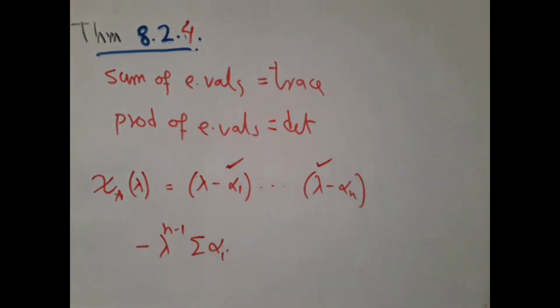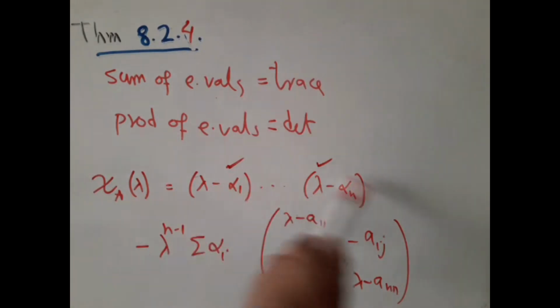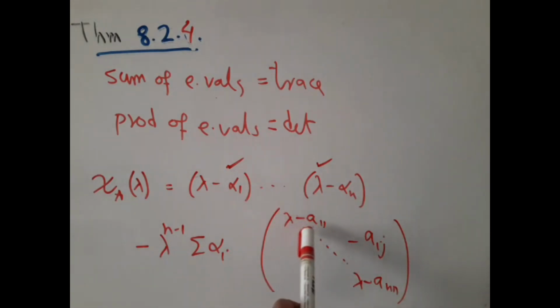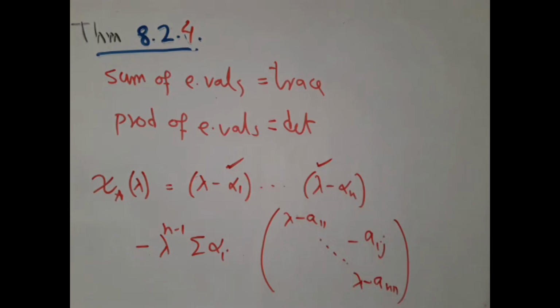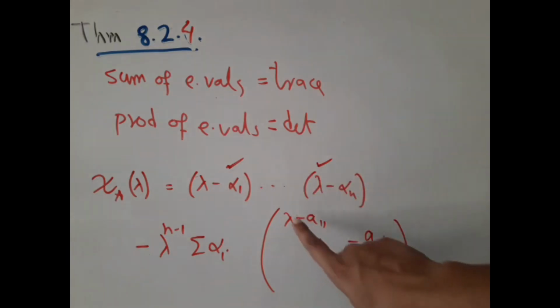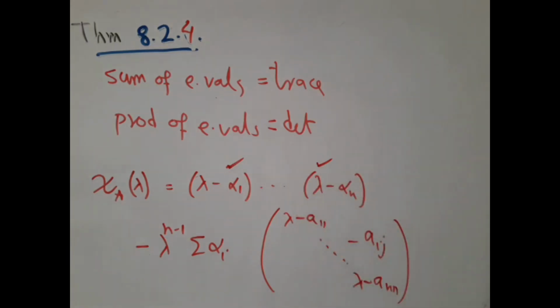I want to conclude that this has got to be the trace. So just remember that this is the determinant of lambda I minus A. The diagonal entries are lambda minus a_ii, and the off-diagonals are minus a_ij on both sides. So when shall I get the term lambda to the power n minus 1? When all the lambdas are supplied by the diagonal entries. Lambda to the power n minus 1 means I have chosen n minus 1 of the diagonal entries.